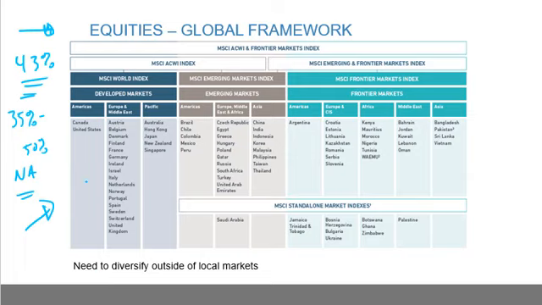So when we look at a stock market index, we can look at individual countries. In the United States, we've been looking at data from the S&P 500 or the Dow Jones Industrial Average. Here in the United Arab Emirates, we have three markets: the Dubai Financial Market, Abu Dhabi Market, and the NASDAQ Dubai. So we can look at investing in an individual company that's listed on an individual exchange.